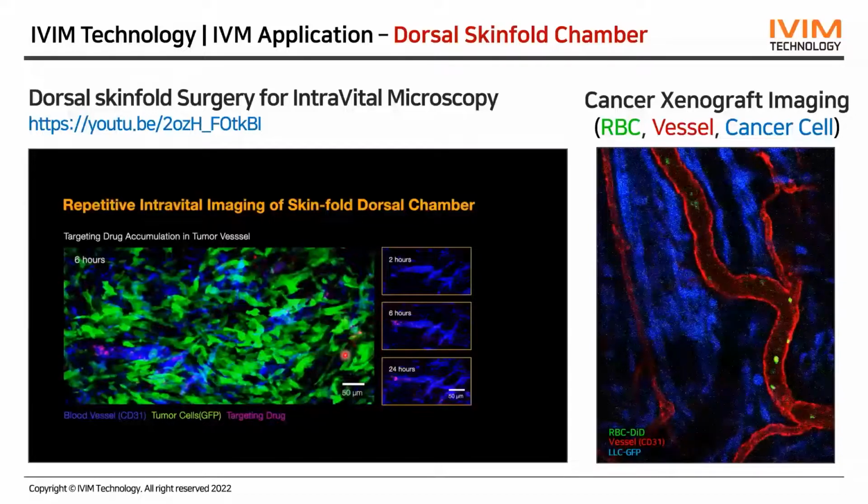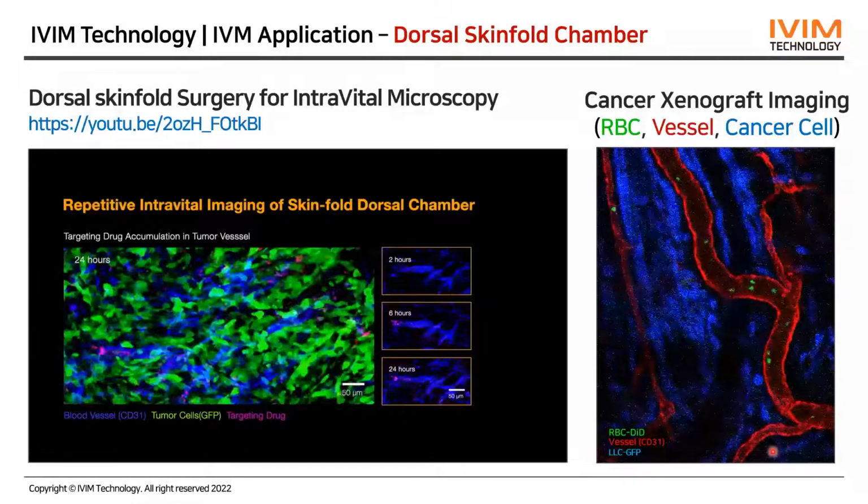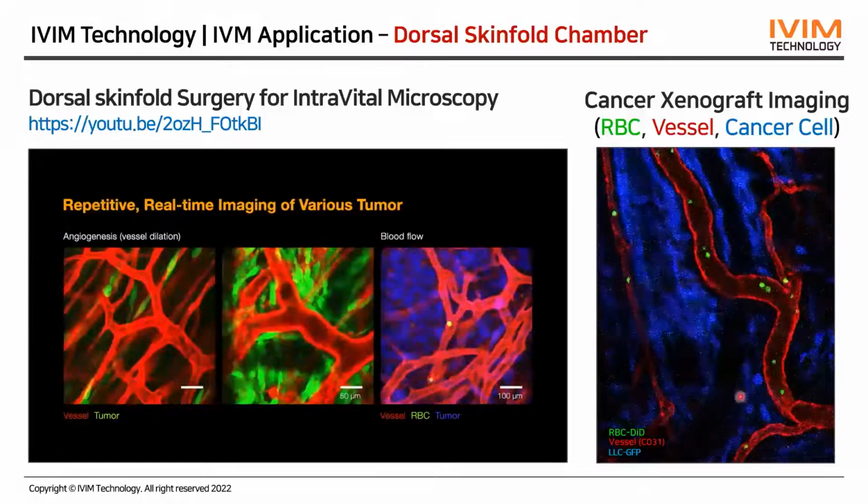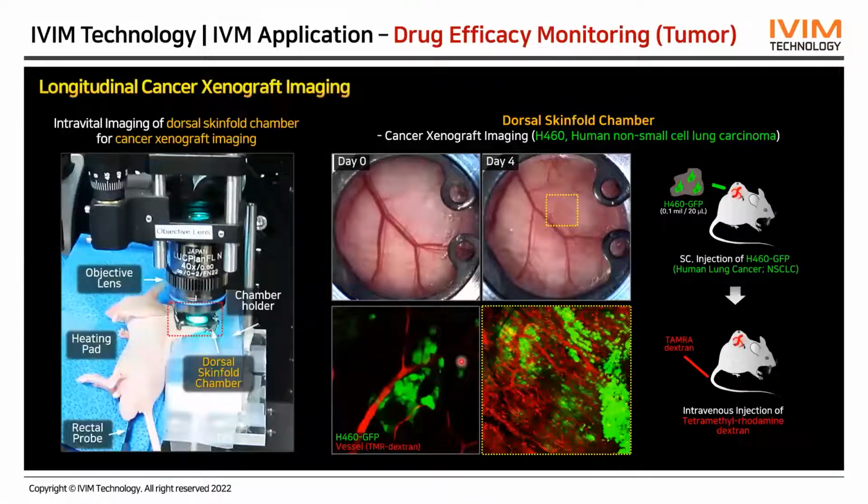Therefore, in vivo cell analysis of angiogenesis, vessel dilation, and blood flow using labeled RBC were successfully acquired. With an imaging technique utilizing the dorsal skinfold chamber, we can perform repetitive in vivo imaging of tumor development or in vivo analysis of the target drug delivery to the tumor tissue.